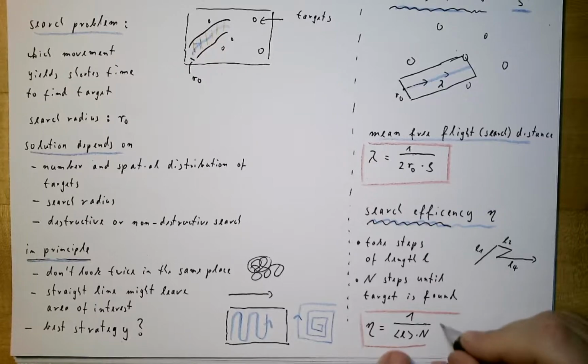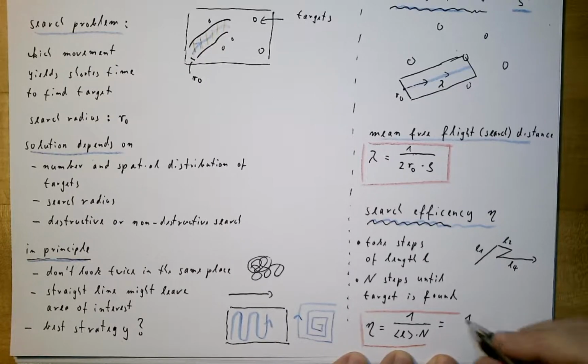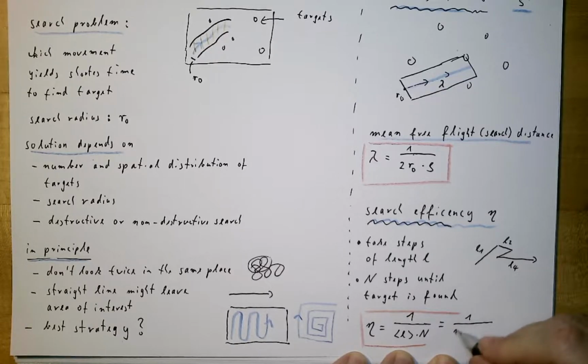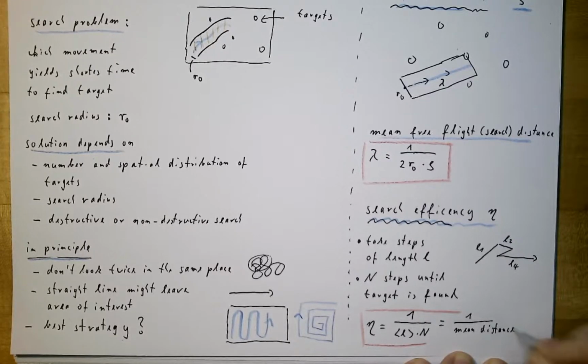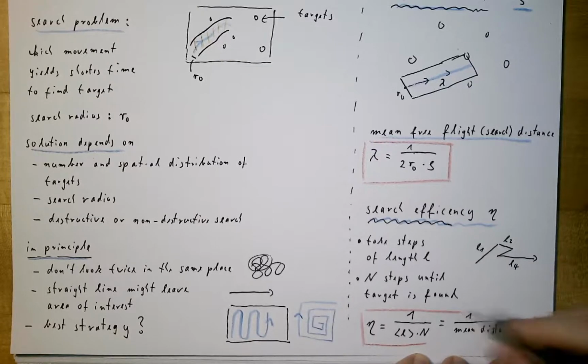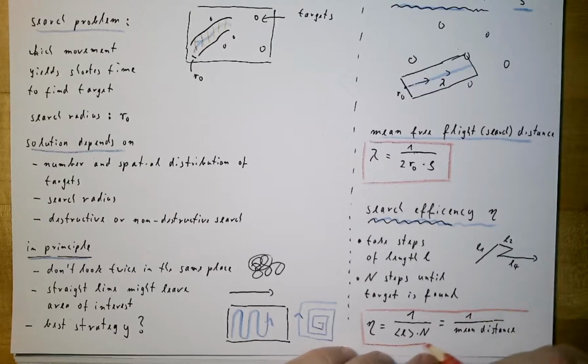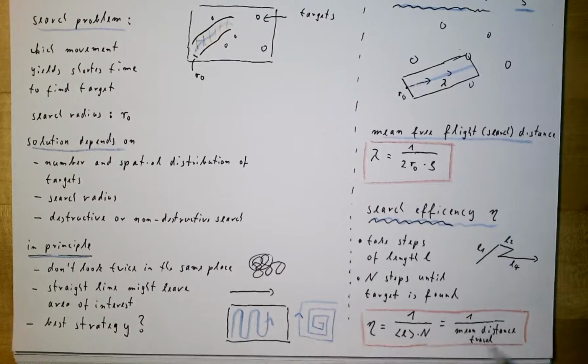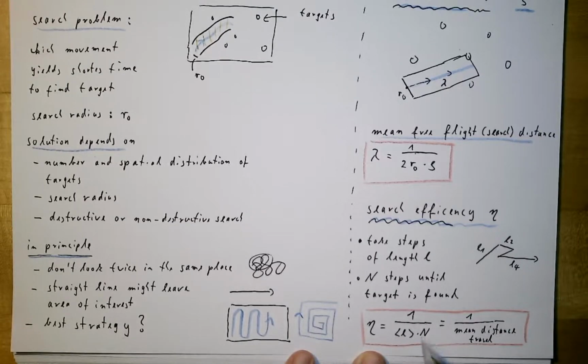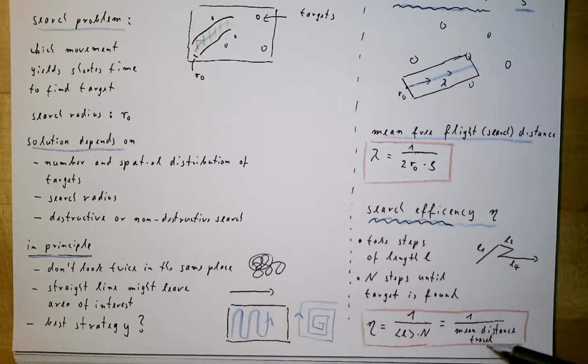If you think a bit about this, this is 1 over the mean travel distance until the target is found. And the travel distance is the average distance times the number of steps. And so the smaller the mean travel distance of the walker, the higher the search efficiency.